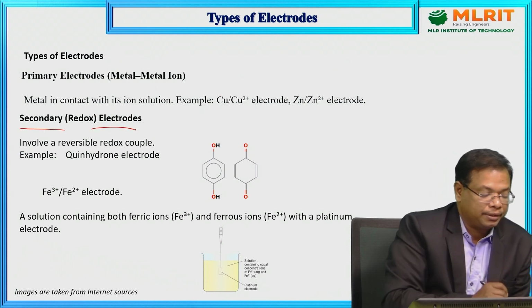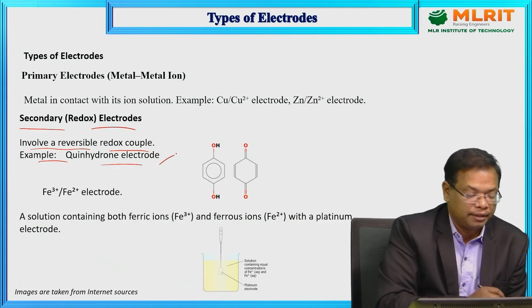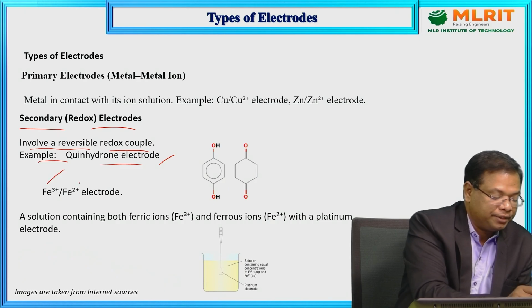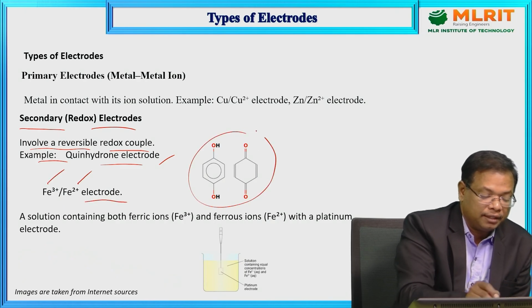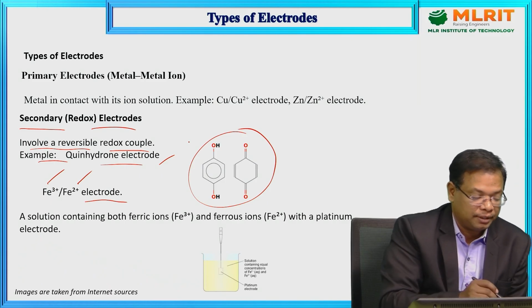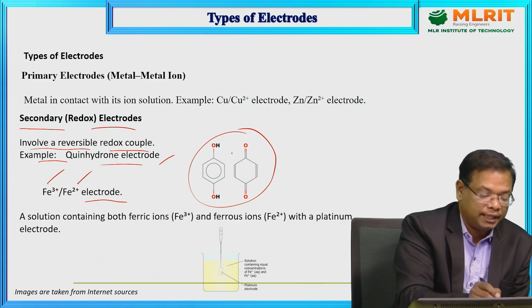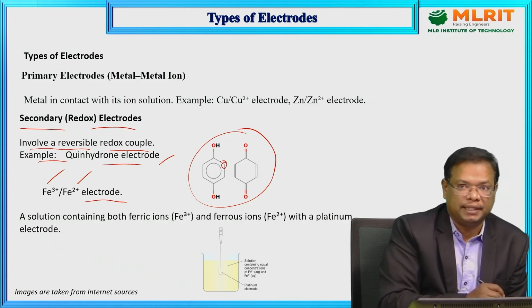Secondary redox electrodes involve a reversible redox couple. Example, the quinhydron electrode. It is like the Fe3+ and Fe2+ ions electrode, which is mixed with quinhydron. You see here the hydrogen is migrating to adjacent carbons of the benzene ring.